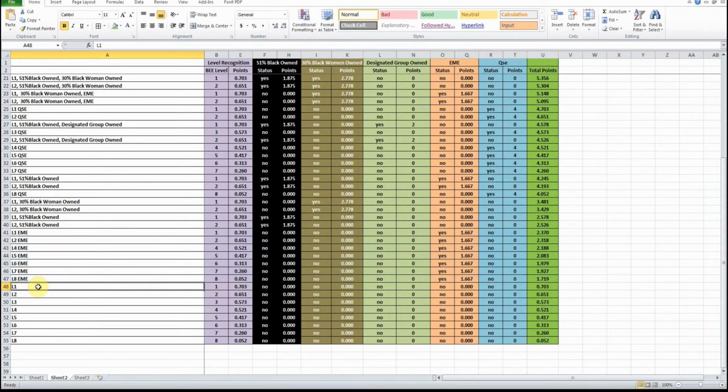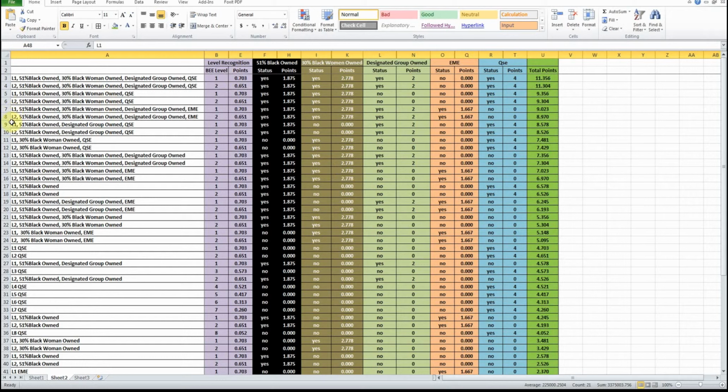So if your company is also a large enterprise and you are a level 1, company A will get a total of 0.703 points for the 2.5 million rand that they spent with you. Now, you can immediately think that that's not ideal. Company A would want some more points because everybody's pushing for the maximum amount of points.